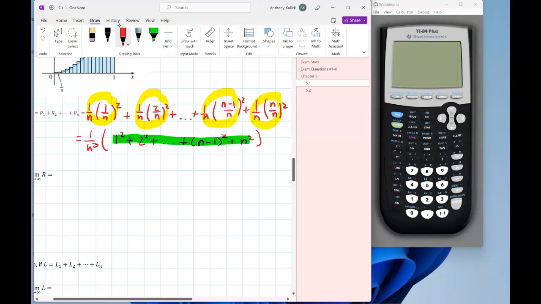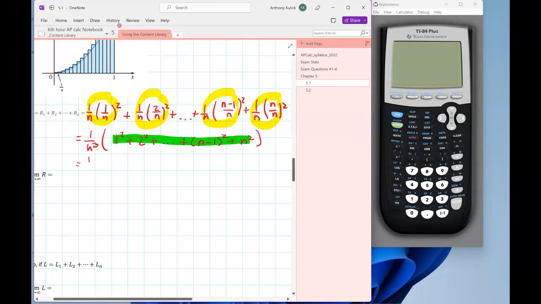We had a formula for this. Anybody remember the formula? If you do, you're a gigantic nerd, because it is a complicated stinking formula, and there's no reason you would have memorized it. So it's n times n plus 1 times 2n plus 1, all over 6.